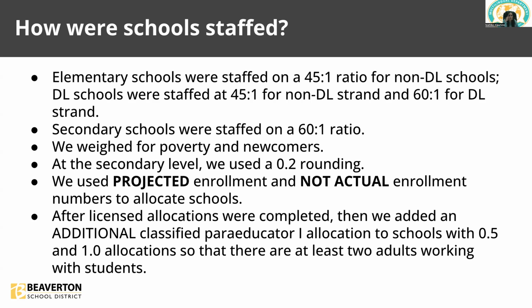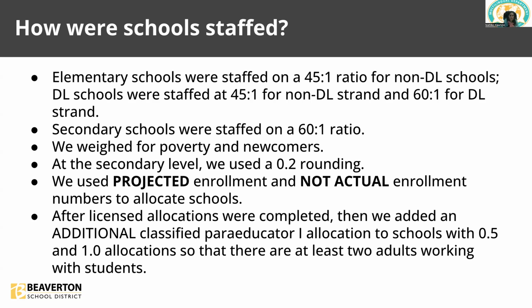After we did all of that for licensed staff, we plugged in the ratios. After that was completed, based on projected enrollment, newcomers, and poverty, we added an additional classified paraeducator 1 allocation to schools that had 0.5 and 1.0 allocations, so that there are at least two adults working with students.